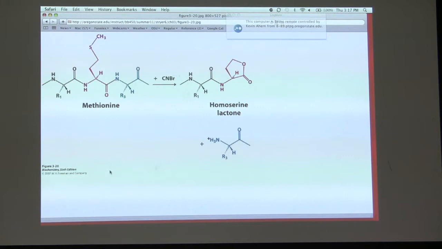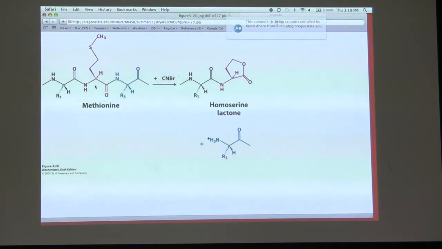And cyanogen bromide is very useful for breaking proteins into smaller pieces because wherever it encounters a methionine, it breaks the polypeptide backbone. So the peptide we see, here's the polypeptide backbone, there's our peptide bond, and we see that this guy, where the peptide bond was, gets an unusual derivatization that happens over here next to the methionine.